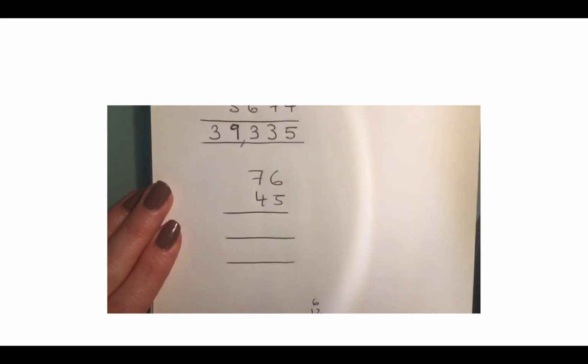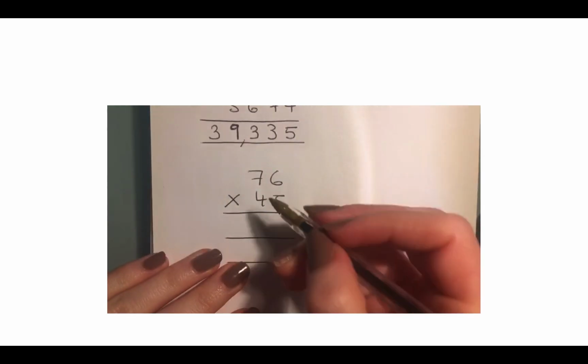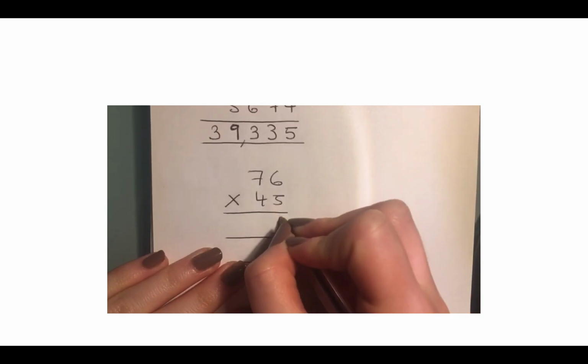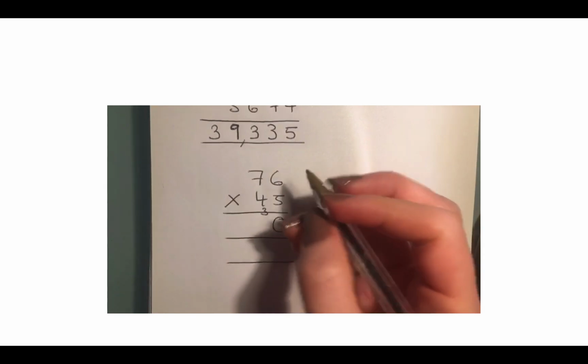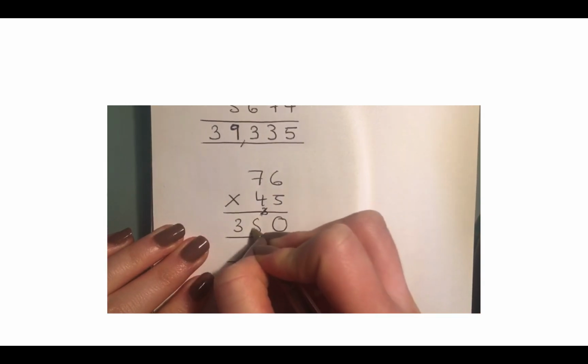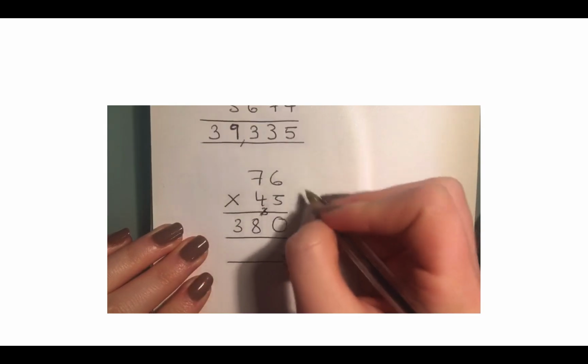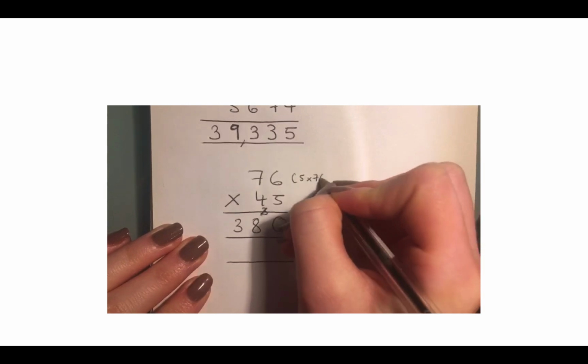Okay, my next one. Make sure there is a multiplication. This is all about learning times tables. 5 times 6, I get 30, carry my 3. 5 times 7, I get 35. Add on my 3, I get 38. Remember, for the first time we've done 5 times 76.